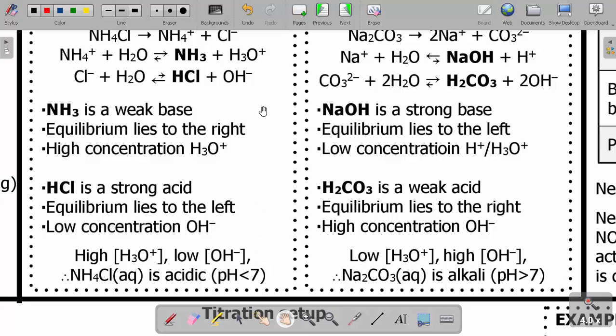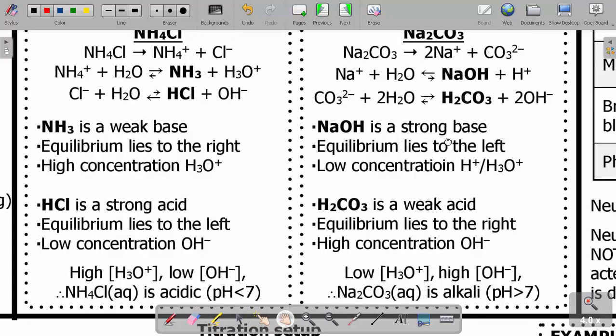You can say, what do you mean exactly? What I mean is that because I have a high concentration of hydronium ions and a low concentration of OH ions, my pH is going to be less than 7, and because less than 7 from the pH scale is going to be acidic. So ammonium chloride is an acidic salt in water.